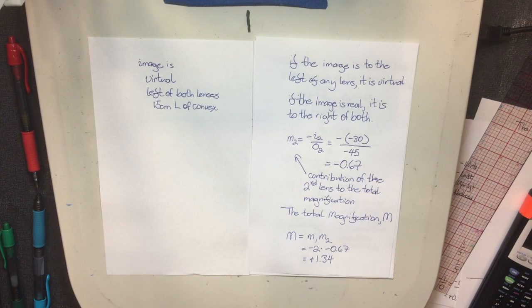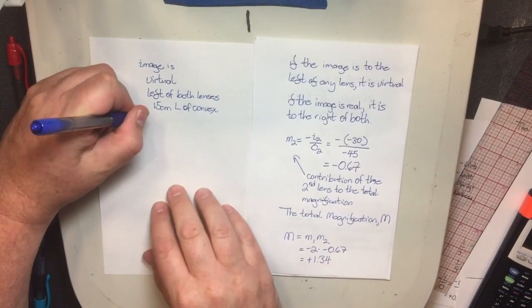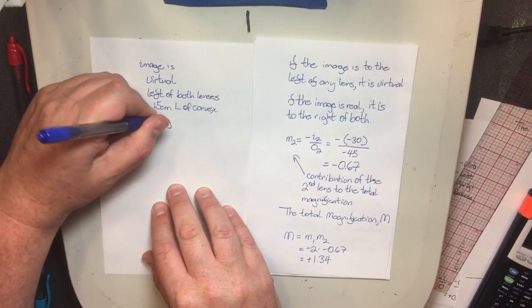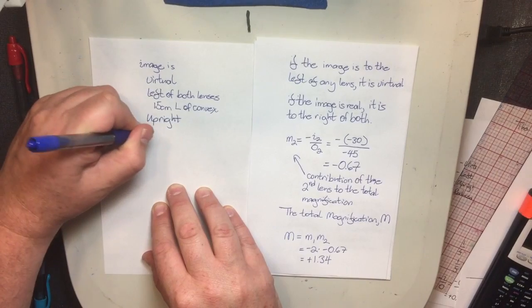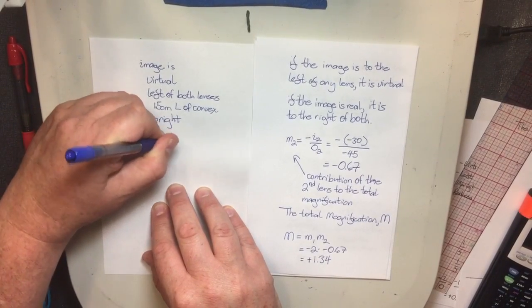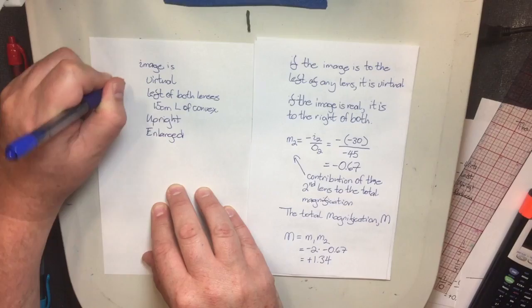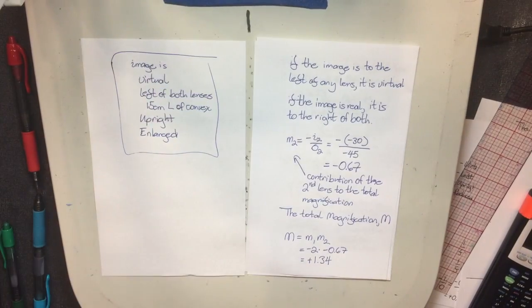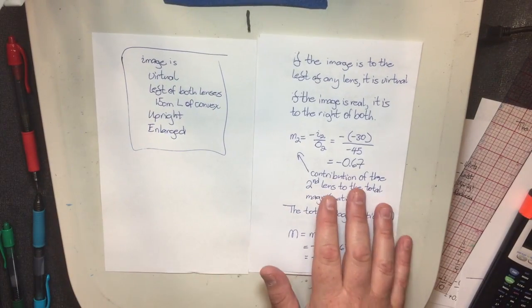It should mean nothing to you except for contributing to the total magnification. M2 just is a number that plays a role. You don't look at it and go, well, it means this and this and this. No, it's a number that just passes on to the total magnification, which means that it is upright and enlarged. And that is the whole thing.